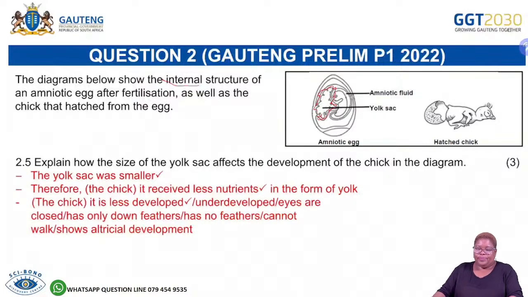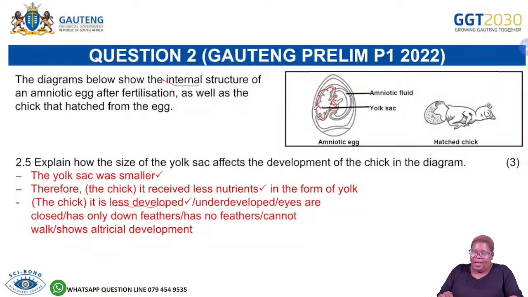So for 3 marks: the yolk sac was smaller. We're talking about the yolk sac, remember? You're explaining how the size of the yolk sac affects the development of the chick in the diagram. So the yolk sac was smaller initially, therefore it received less nutrients in the form of yolk, then the chick is less developed.